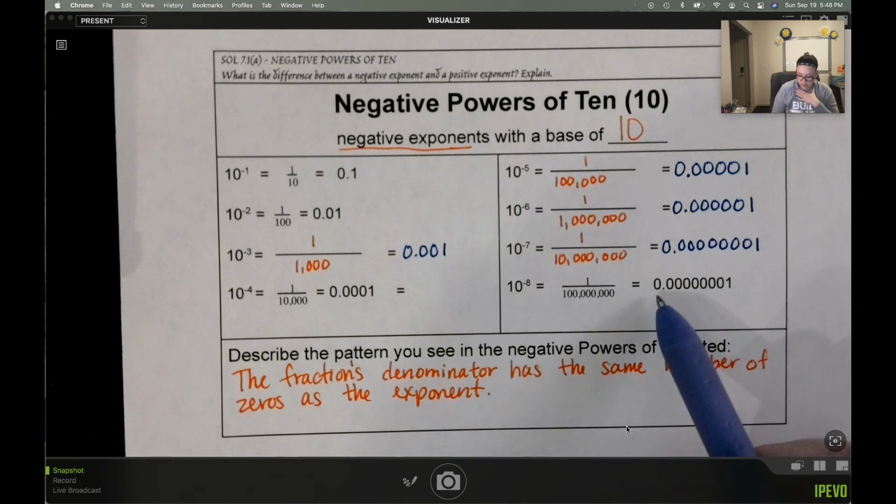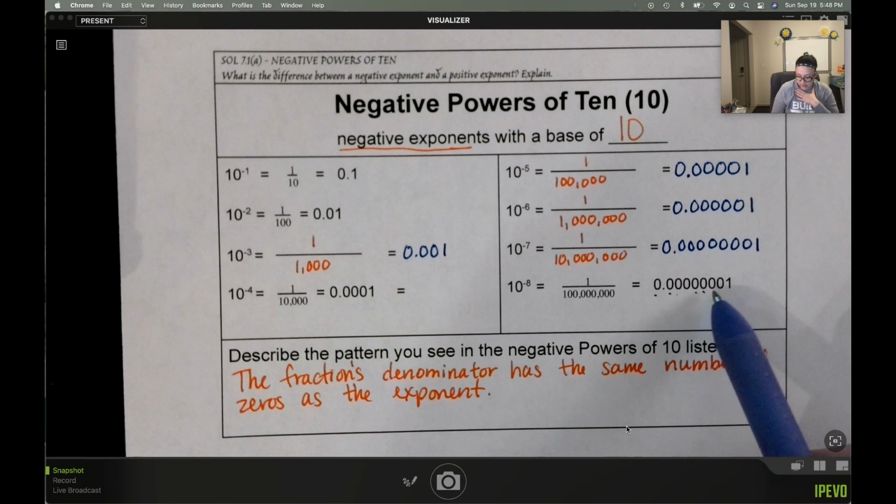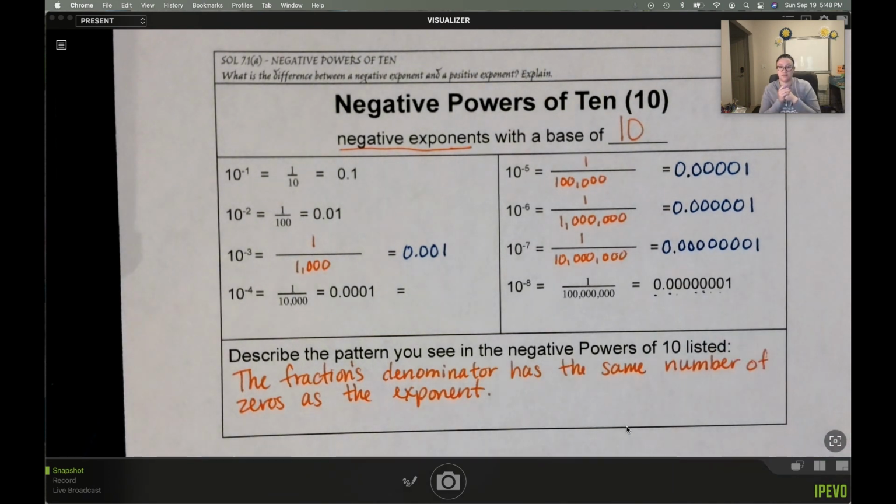And then 10 to the negative 8, we've got 1, 2, 3, 4, 5, 6, 7, 8 zeros still. So as long as you have that exponent, as long as you can count how many zeros there are, you'll be able to make those connections.